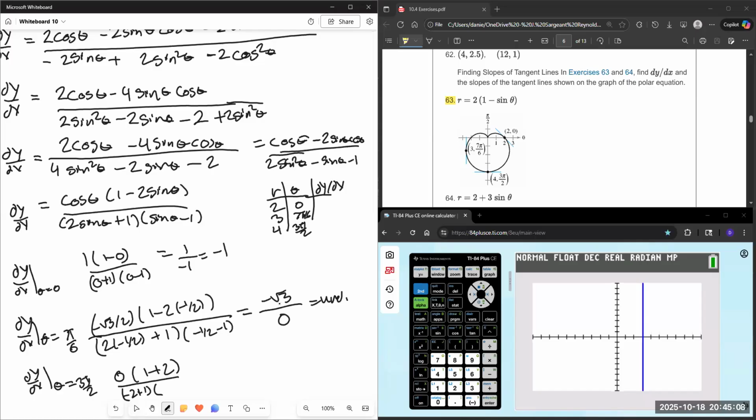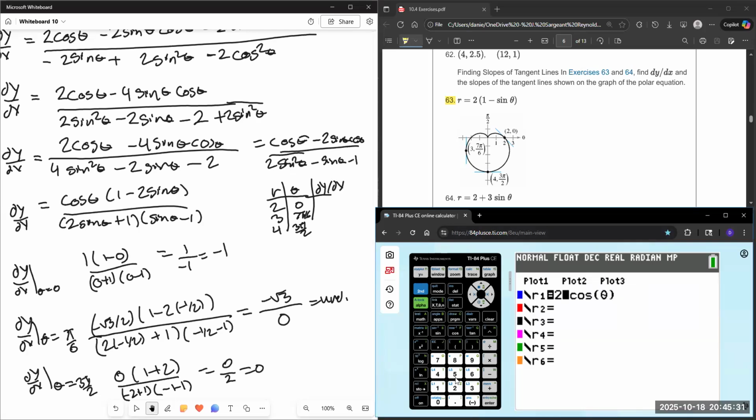Doesn't really matter any of this. Negative 1 minus 1 is, this is all 0 over 2. So what it looks like is 0. And that's exactly what that looks like.